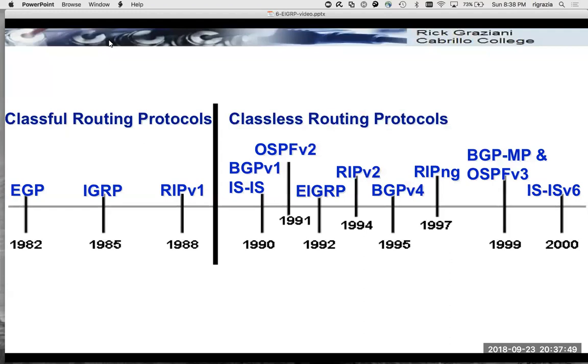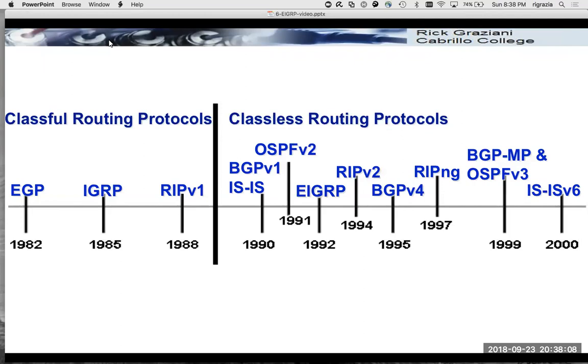Okay, just to show you a little bit of the timeline with a lot of these routing protocols, including EIGRP. EIGRP was released at a time when RIP wasn't really a preferred routing protocol for many environments.